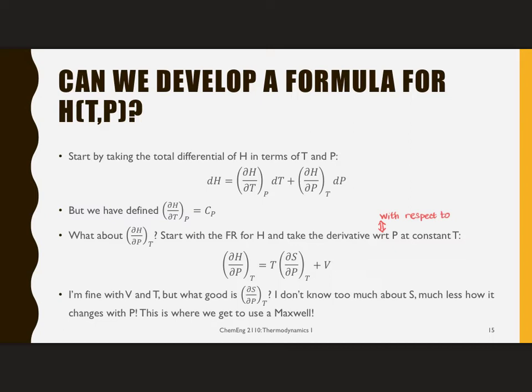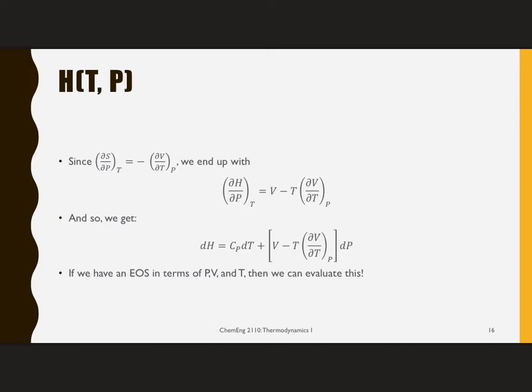I don't know. So this is where we use a Maxwell. Since dS/dP at constant T is negative dV/dT at constant P, we end up with dH/dP at constant T equals V minus T dV/dT at constant pressure.